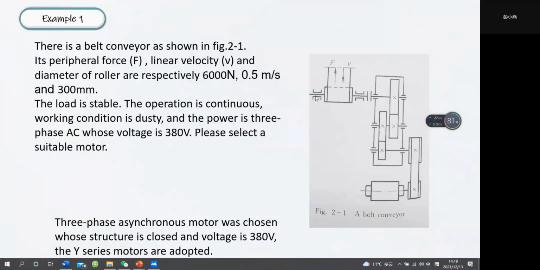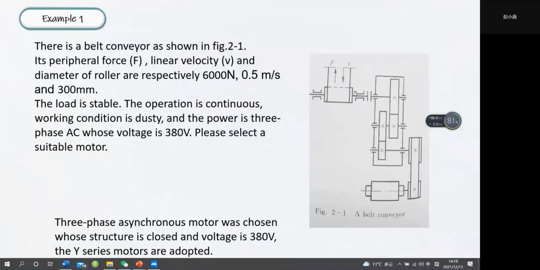So for the total efficiency, we should consider the efficiency of the belt, gears, bearings, coupling, and the working part, the roller.